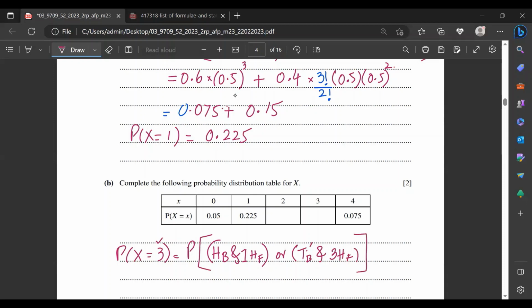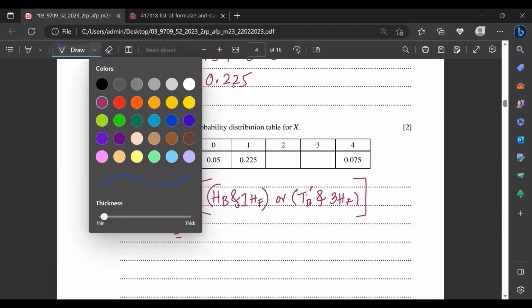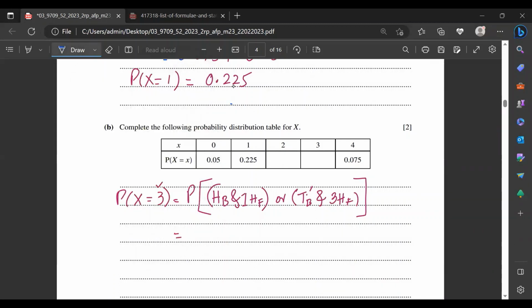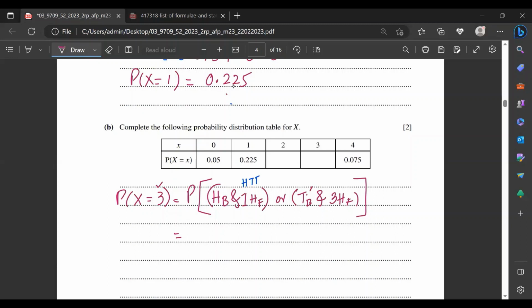So these are the possibilities. Again, one head means one head and the rest are tail. Here, all 3 are heads. So in this way, you can write the answer like this. Head on the biased is 0.6 multiplied by head, tail, tail.